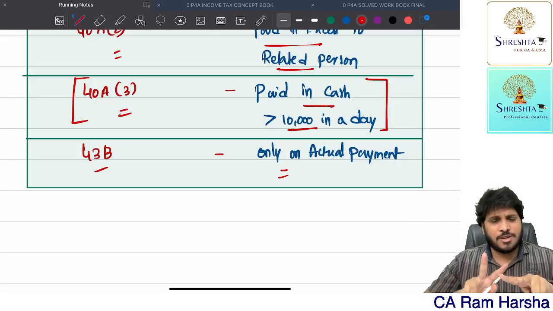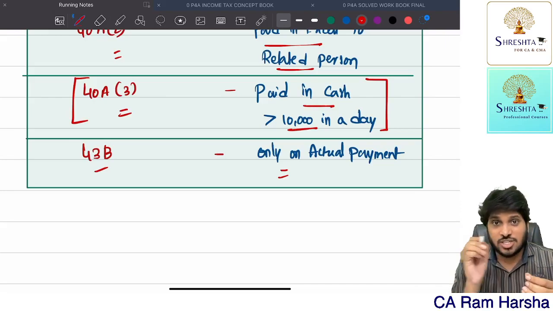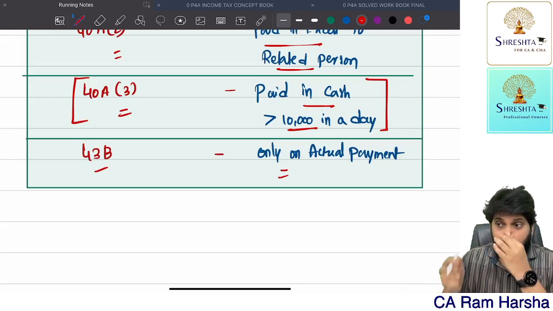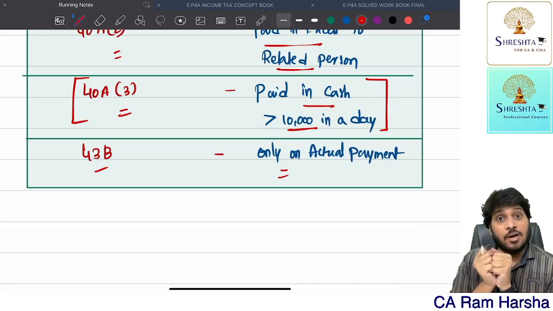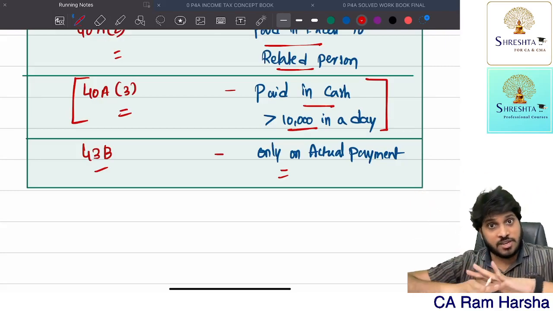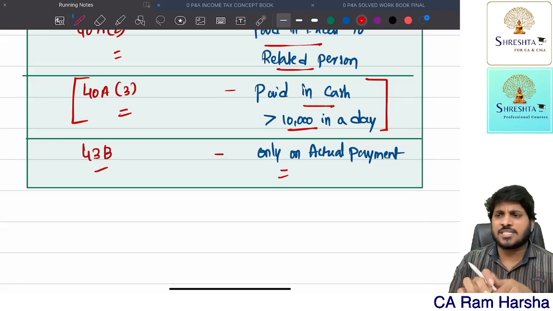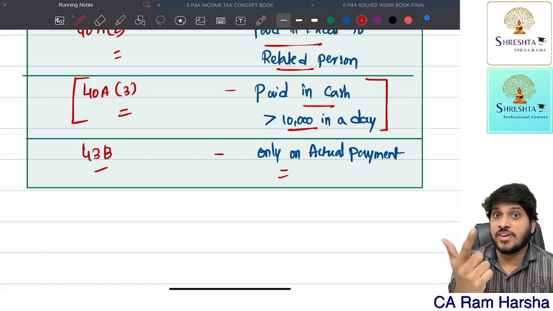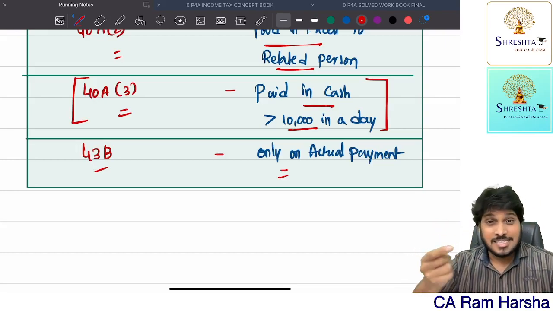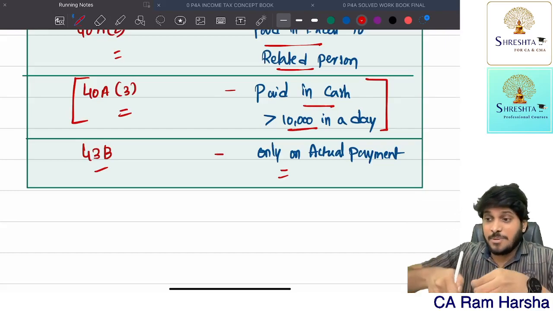What is the difference between a bearer check and an account payee check? Very simple. In a bearer check, I just write the person's name and send it, and he can go and collect the cash. Subsequently, after the CCTV camera footage and everything is deleted, who is the actual person who collected the cash? If I want evidence, we can't trace it. Suppose it is an account payee check. The check I gave will be deposited in a bank.